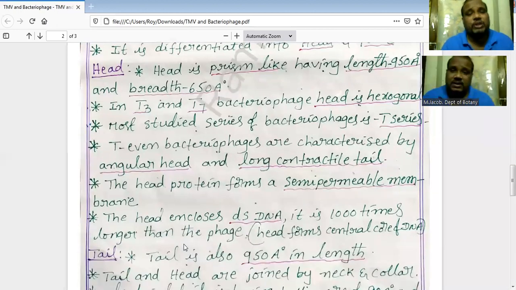The head protein forms a semi-permeable membrane. Semi-permeable membrane means it allows the passage of a solvent but not of certain solutes. The head encloses double-stranded DNA. It is 1,000 times larger than the bacteriophage.